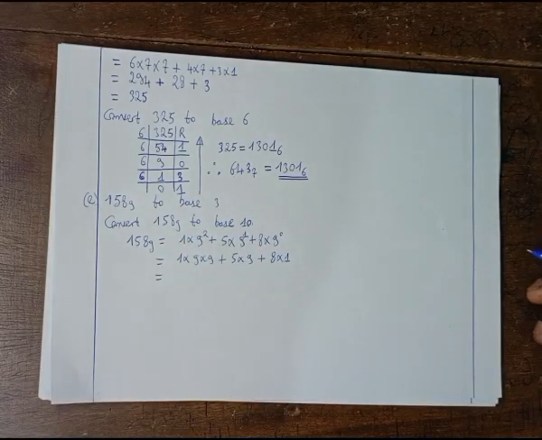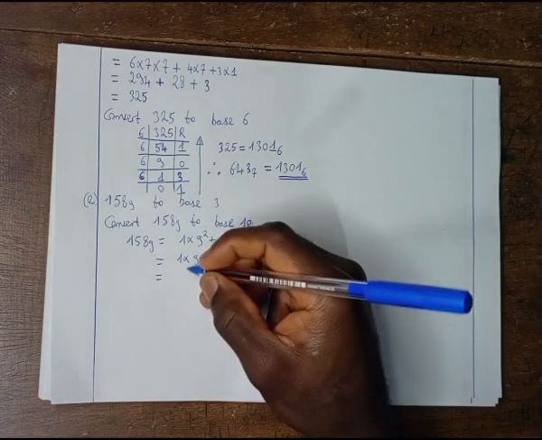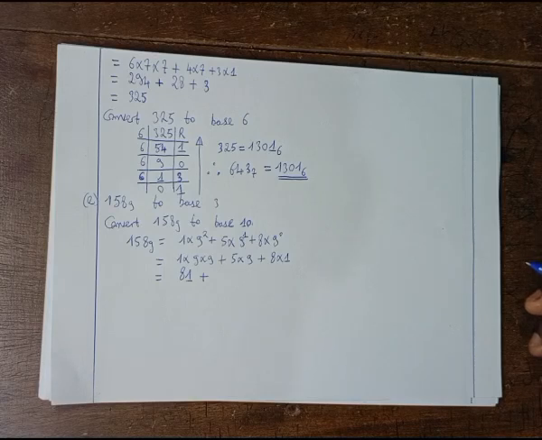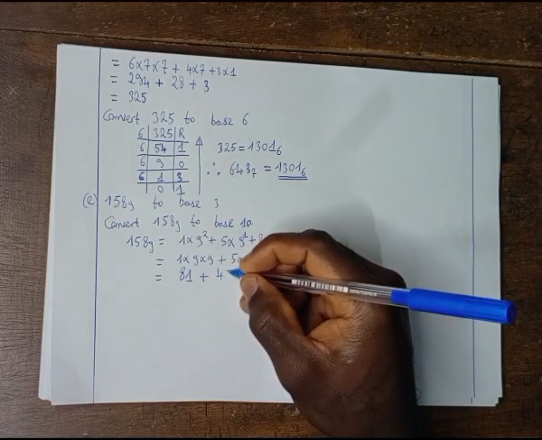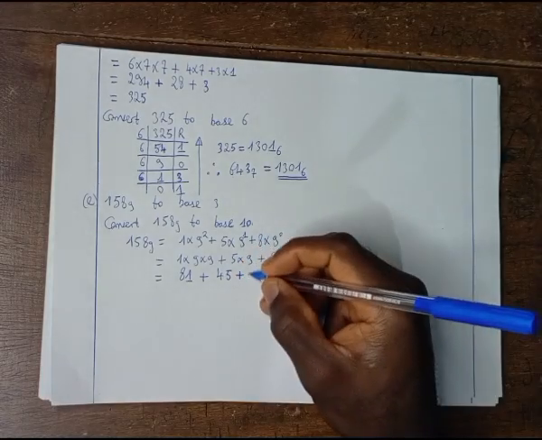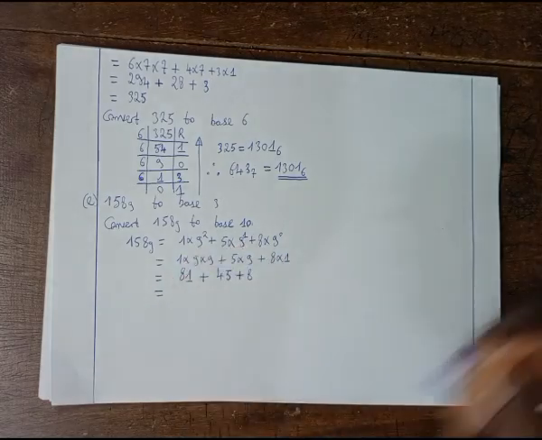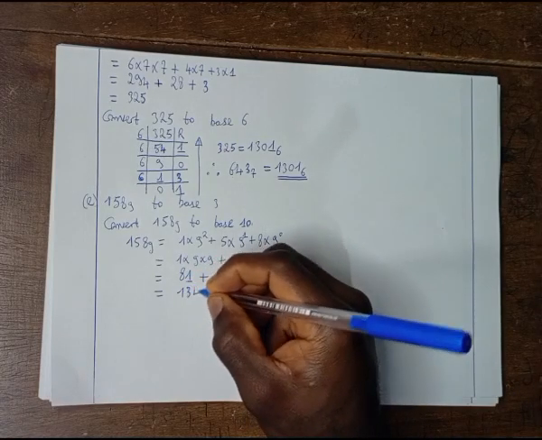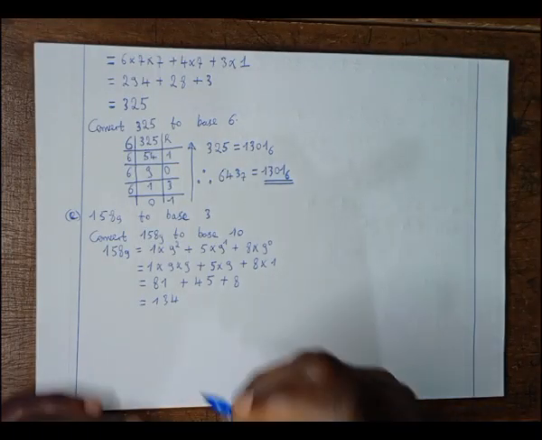This will be equal to 81 plus 45 plus 8 times 1 gives us 8. Next we have 81 plus 45 gives us 126 plus 8 gives us 134.